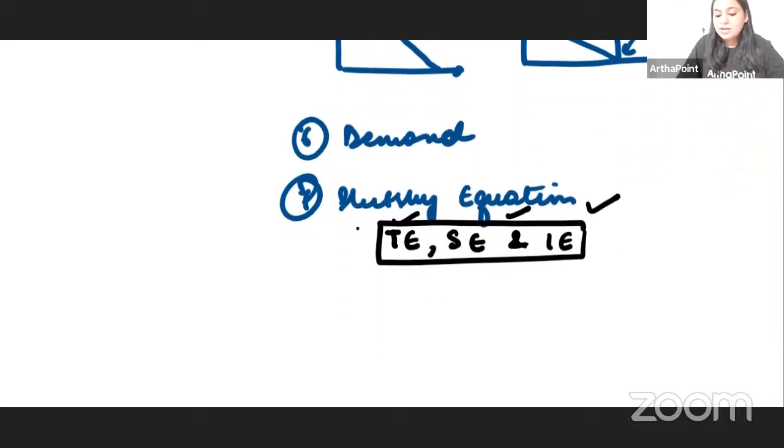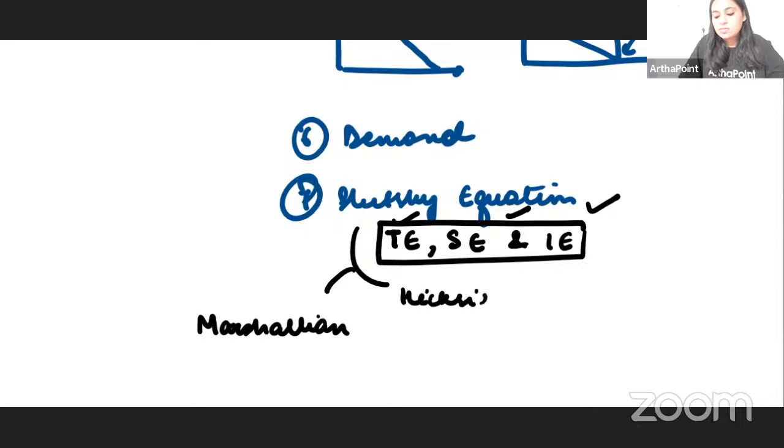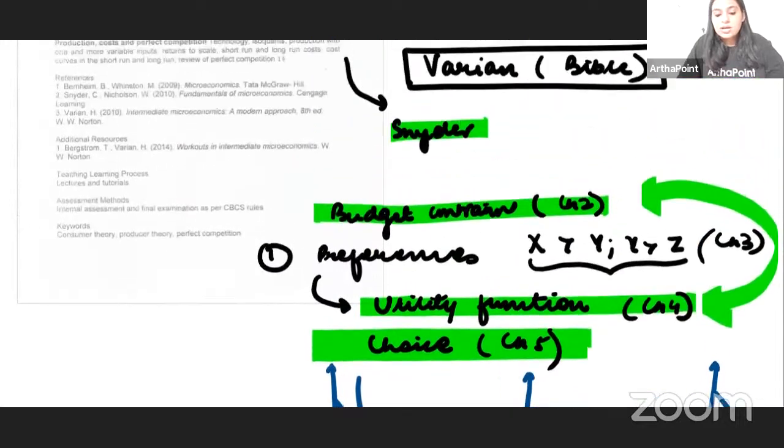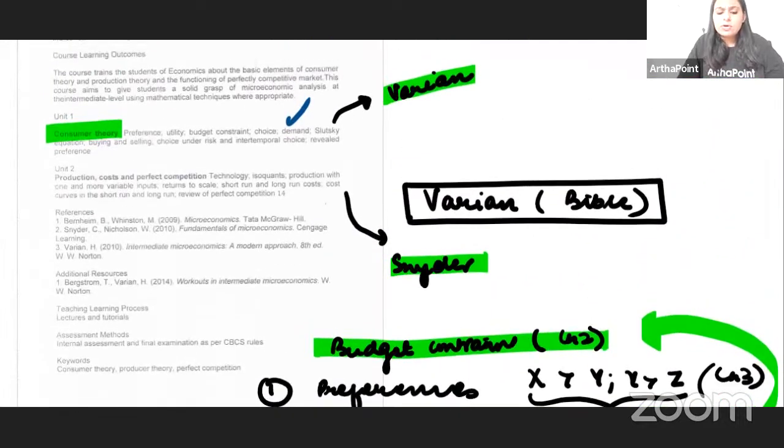Slutsky can be done through two techniques, Marshallian and Hicksian, and we'll try and discuss both of them. Then we will go ahead and talk about buying and selling, which is going to tell you what an endowment is. Then we will talk about risk.